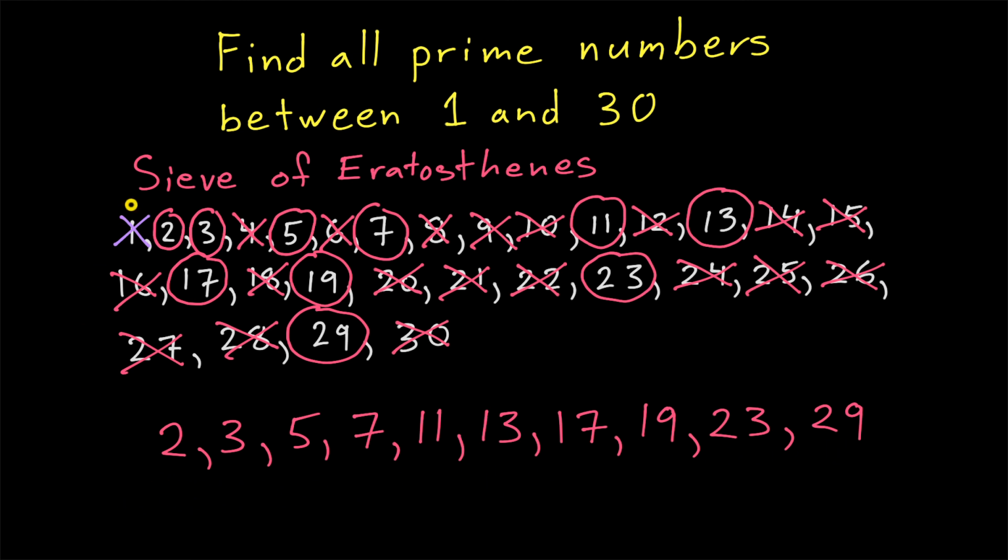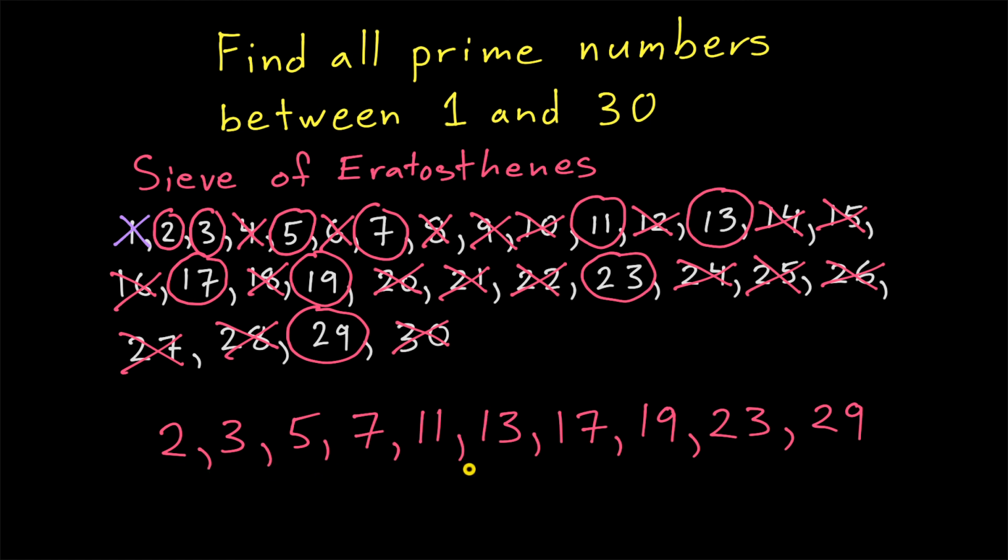And this algorithm, the Sieve of Eratosthenes, is guaranteed to give you all of the prime numbers starting from 1 to whatever length of list you want to go to. It is guaranteed to give you all of the prime numbers. Now, is this the most efficient algorithm?